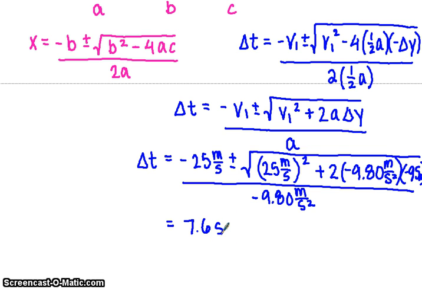The correct answer for this is 7.6. I encourage you to type it into your calculator and make sure that you can get it. Watch your negative signs. The negative 9.8 and the negative 95 do cancel. There's also a negative in the denominator here, as well as with the velocity 1 due to the negative in the quadratic equation.